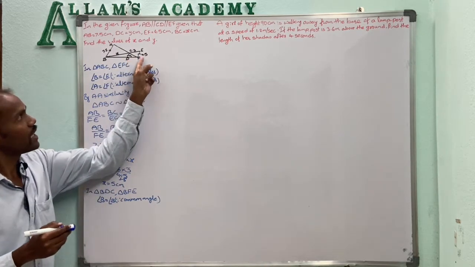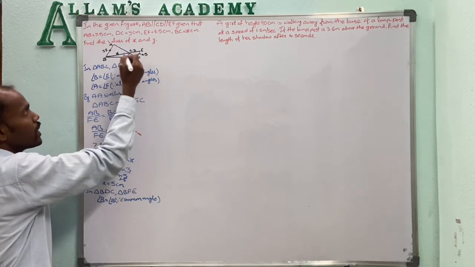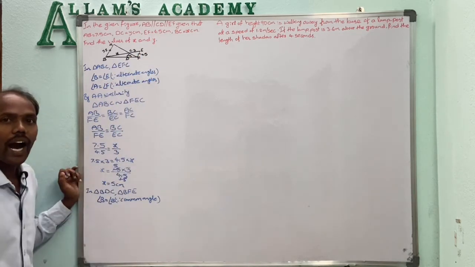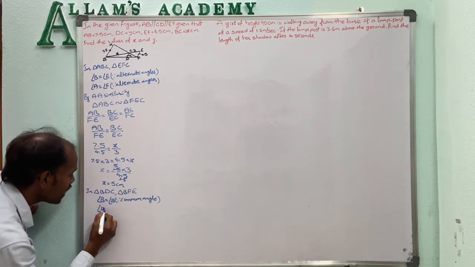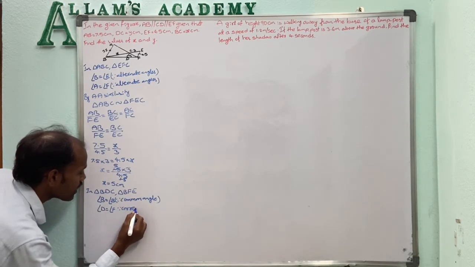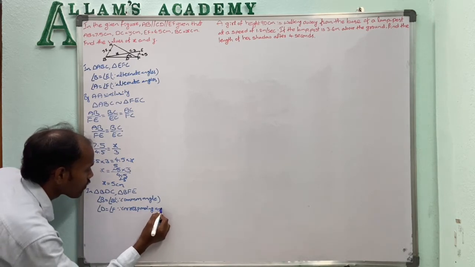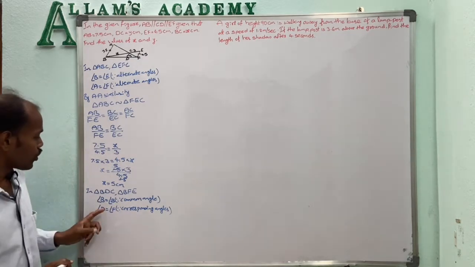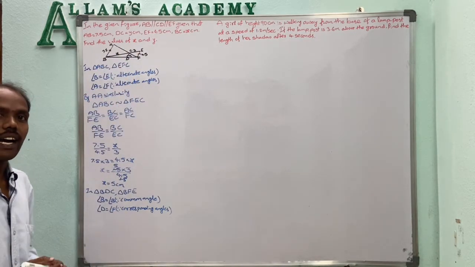Next, CD and FE are parallel lines. Taking BF as transversal, angle D and angle F are corresponding angles, so they are equal. Since two angles are equal, the third angle is also equal.